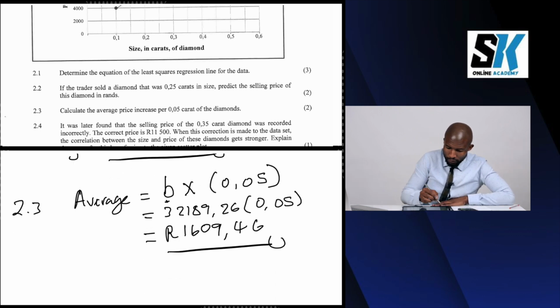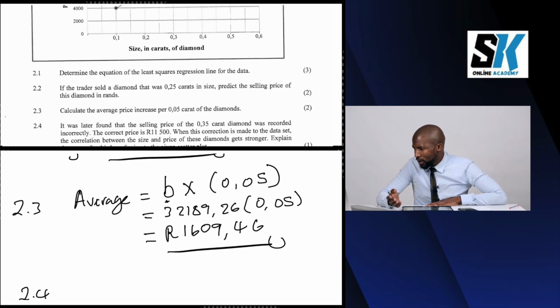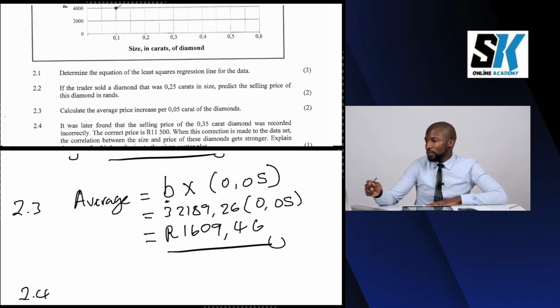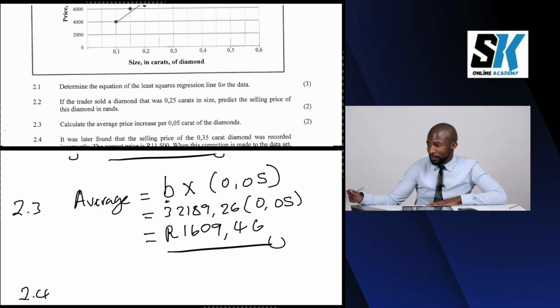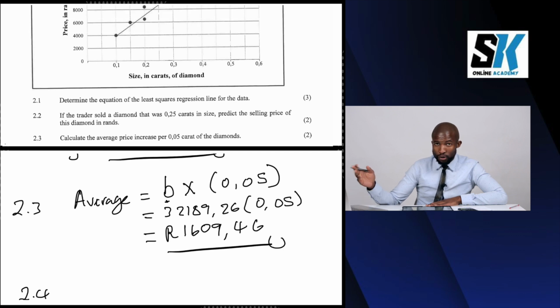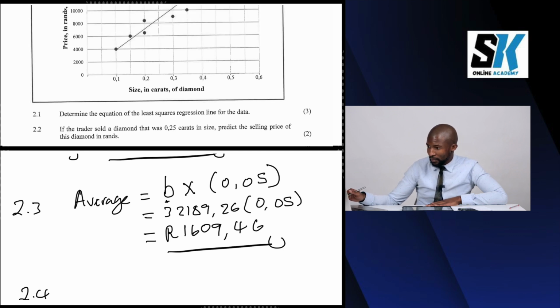Then 2.4, which is the last one on question 2, is only worth 1 mark, so you use your graph to get that mark. Now you will be given graph paper, but I'm assuming that you'll be using the graph that is on your question paper. So I can't really draw on the graph, but I'm going to make a slight example so you can see how to get that answer.